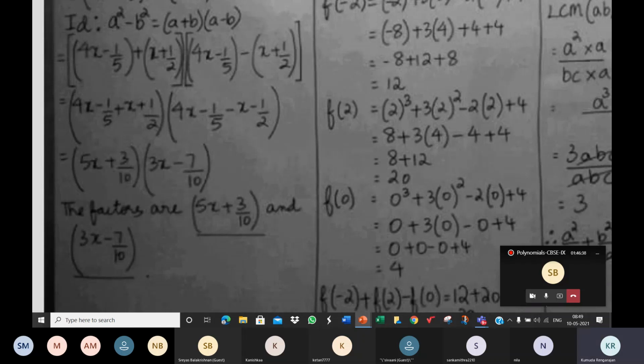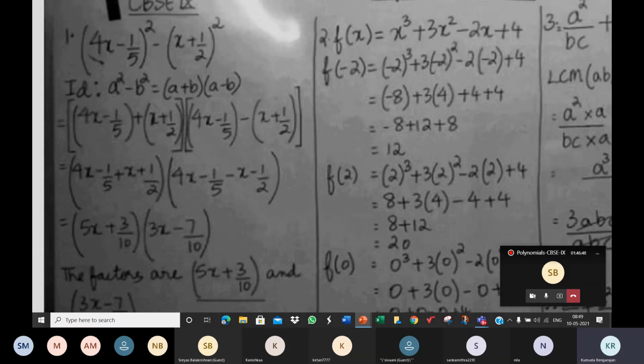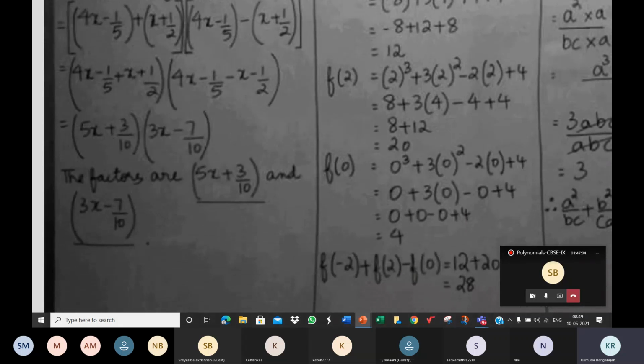See, when you did that, you will get a quadratic expression. You will have to split the middle term and get these factors. If you had worked this with a minus b the whole square and a plus b the whole square, on simplifying, you will be left with only 3 terms, and the expression will be a quadratic expression.